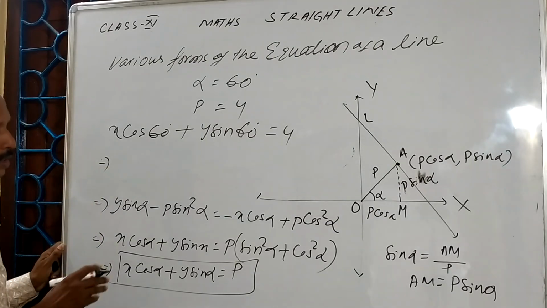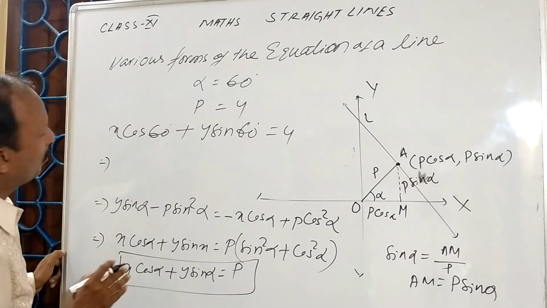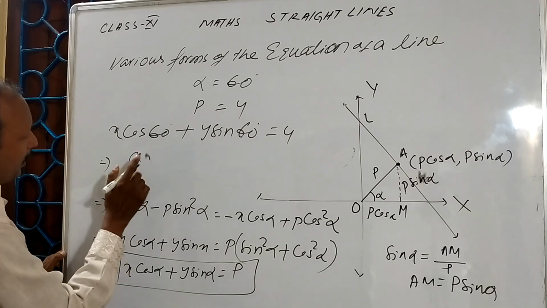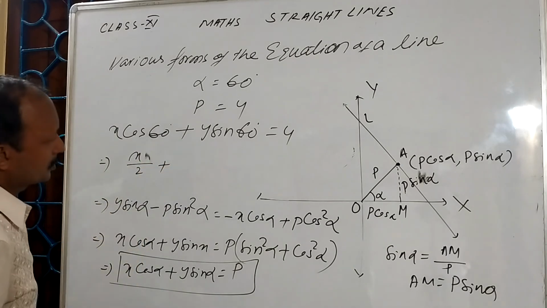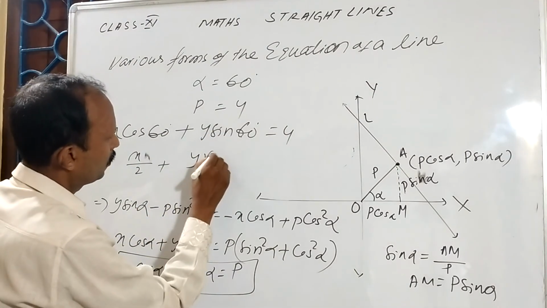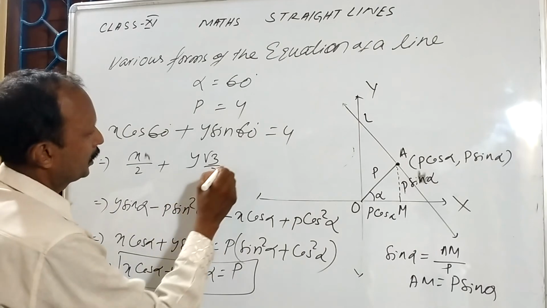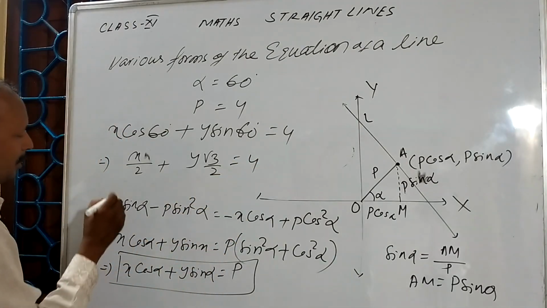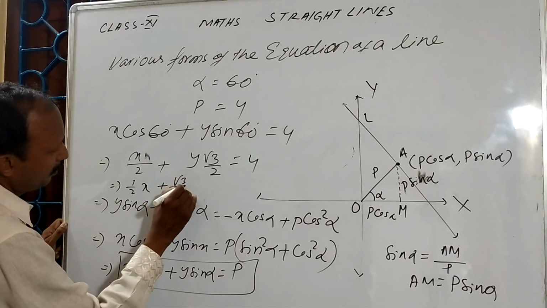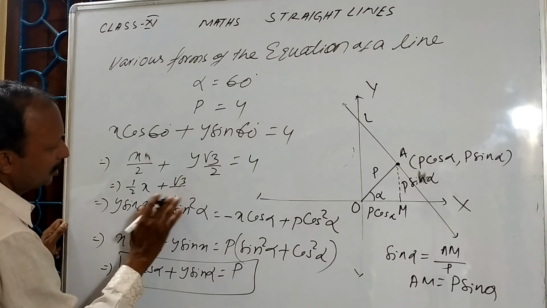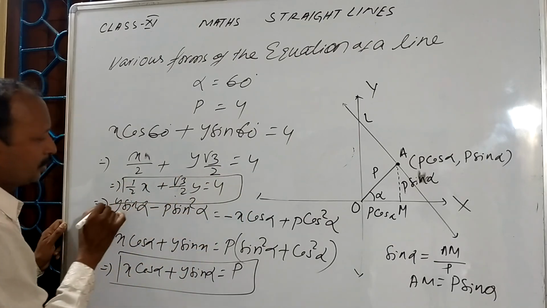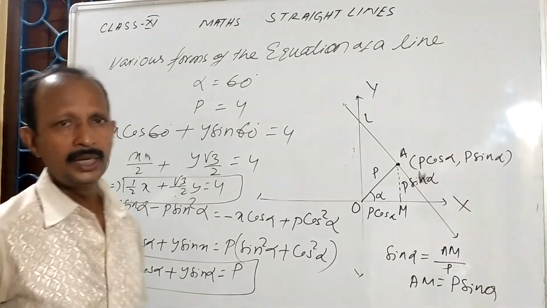Cos 60 degrees is equal to 1 by 2, so x into 1 by 2, plus y sin 60 degrees, that is root 3 by 2, is equal to 4. Or I can write that 1 by 2 x plus root 3 by 2 y is equal to 4. This is the equation of the line.